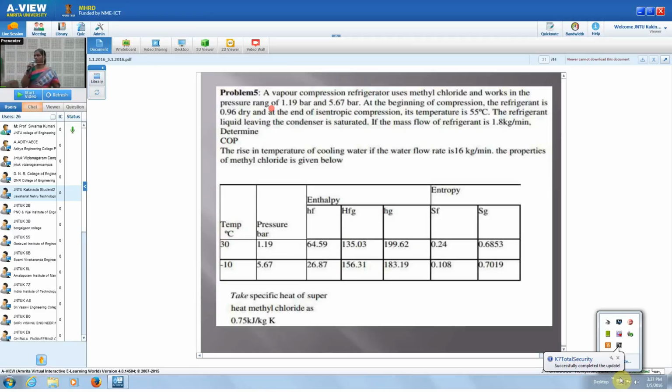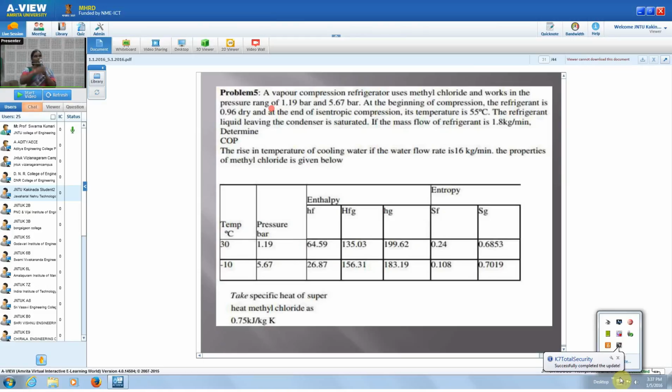So note down this also for homework. A vapor compression refrigerator uses methyl chloride and works in the pressure range of 1.19 bar and 5.67 bar. From the methyl chloride charts, you have to take the properties.